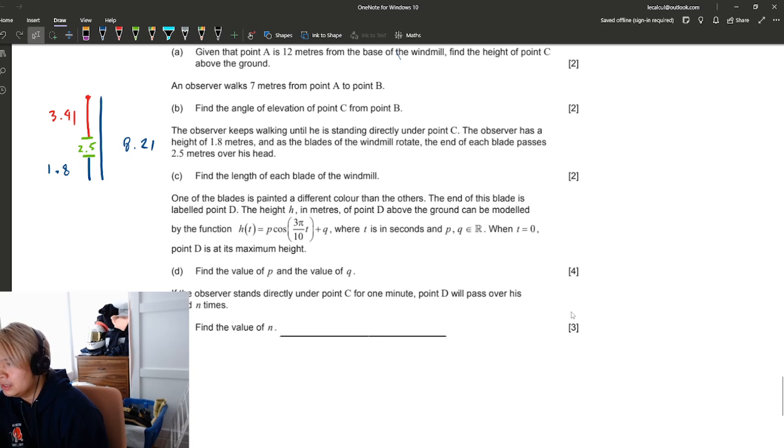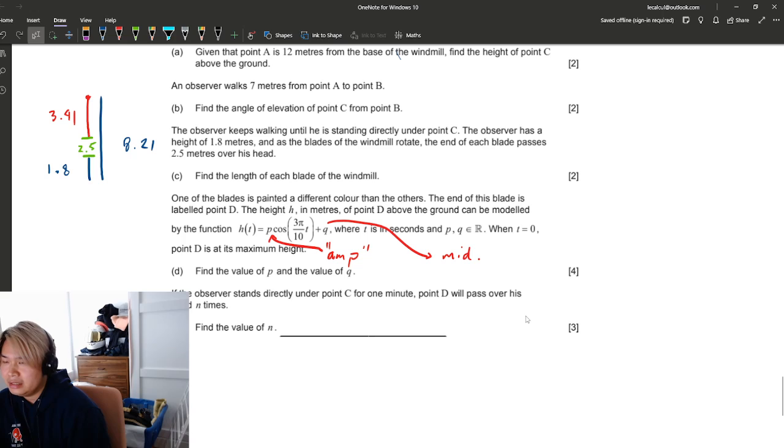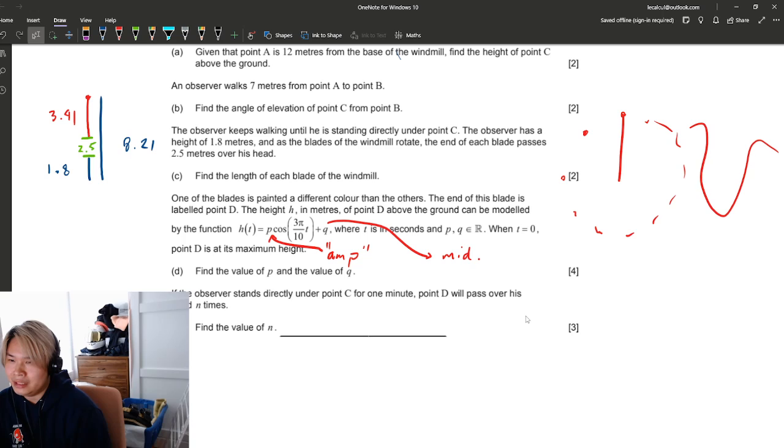Okay, so P is related to our amplitude. Q is the midline of your wave. Basically, at the beginning, point D is at the top, and then as you rotate, the point is going to go lower, and then it goes around in a circle. So if you were to graph these points, it would make a wave.